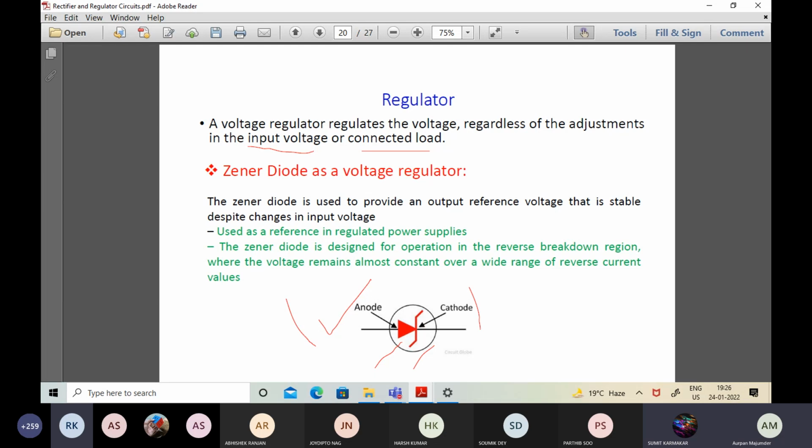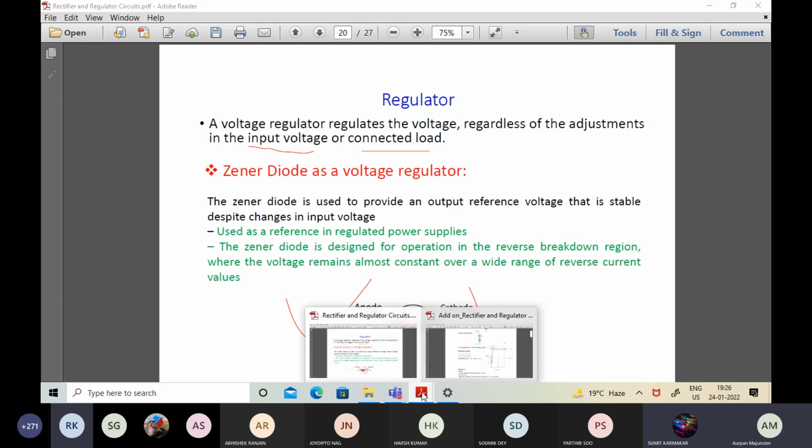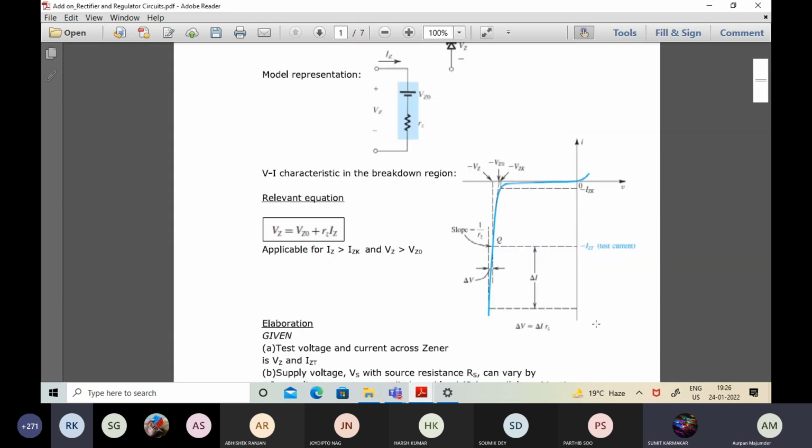So what is the ultimate thing that we observe? What we observe is that for a very, very low variation of voltage, there is an excessive variation of current when the breakdown process has its effect. Let me share this diagram that will make the idea far more clear, which I think is in this slide.